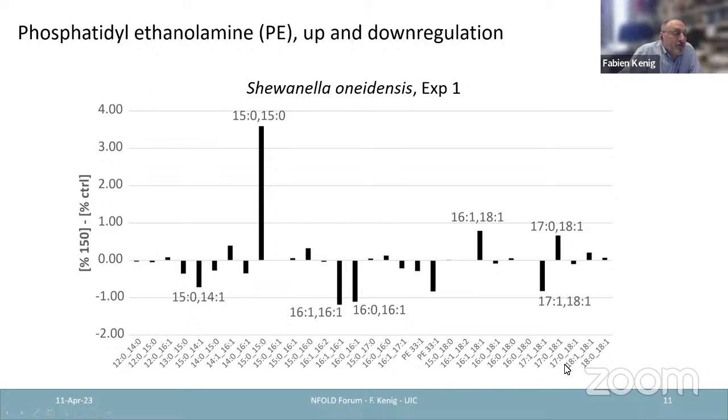You have longer chain ones with 18 carbon, and then the number indicates the number of unsaturation, and every number which is odd, like this one, the 15-15, which is largely upregulated, these compounds are actually branched.